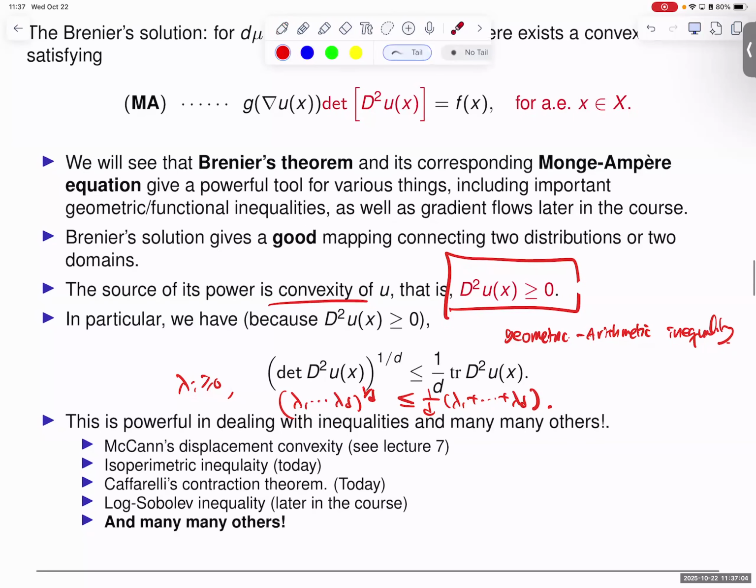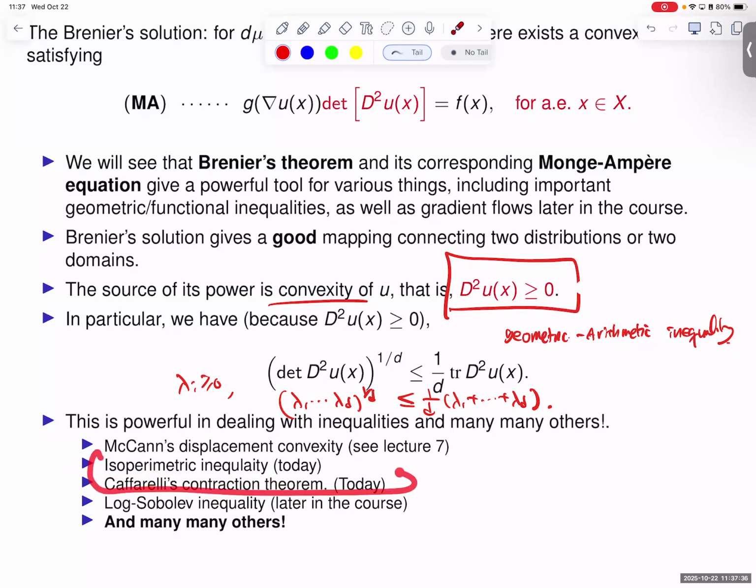So today we'll do two such applications. One is a very simple proof of the isoperimetric inequality. The isoperimetric inequality is something very famous in geometry, very interesting and very old, with more than 2,000 years of history. And then another very interesting thing is the so-called Caffarelli's contraction theorem.